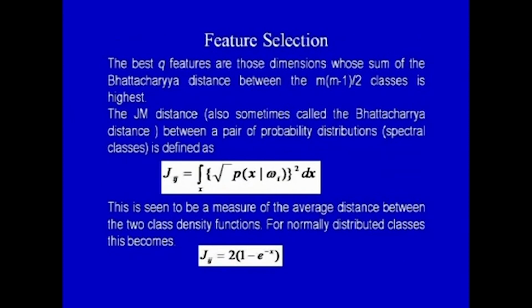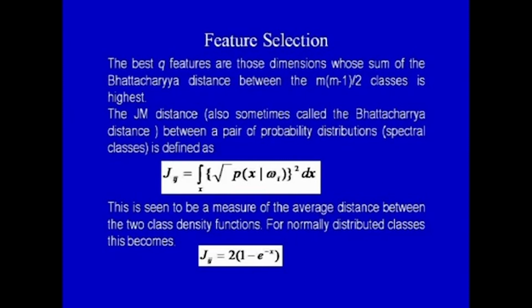The best q features are those dimensions whose sum of the Bhattacharya distance between the m minus 1 divided by 2 classes is highest. The JM distance, also called the Jeffries-Matusita distance, between a pair of probability distributions of spectral classes can be defined as J_ij equal to the integral of x under root of p(x|omega_i) minus p(x|omega_j) whole square into dx.